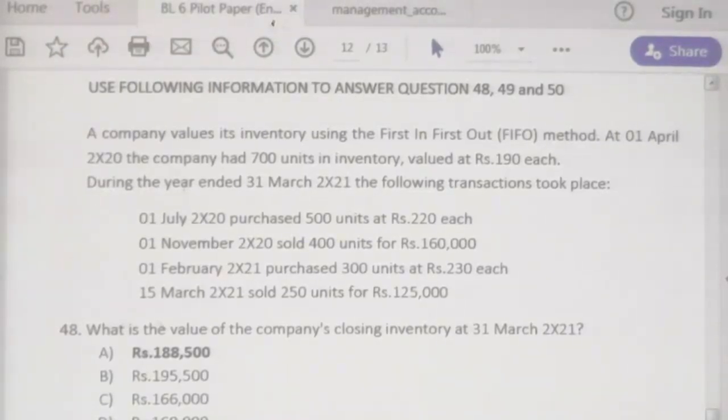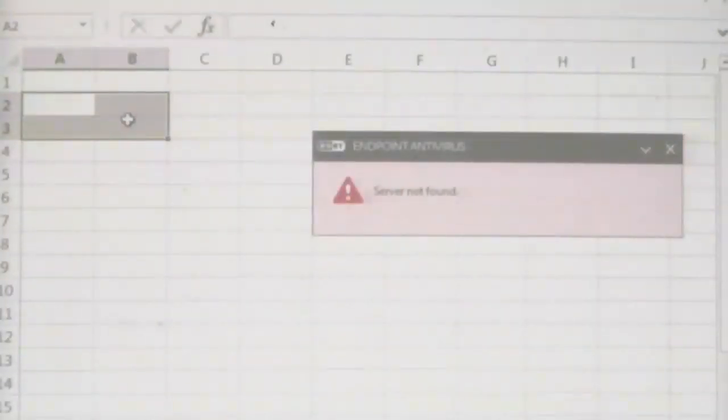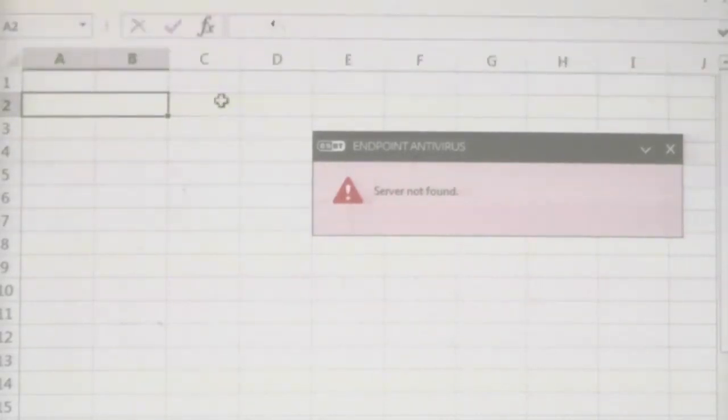Let's prepare the inventory ledger for these inventory transactions immediately. Let's take a table now. When preparing an inventory ledger, we need 3 major column groups. The first column we take for inputs, the next columns we can take for outputs, and the last column we can take for balance.